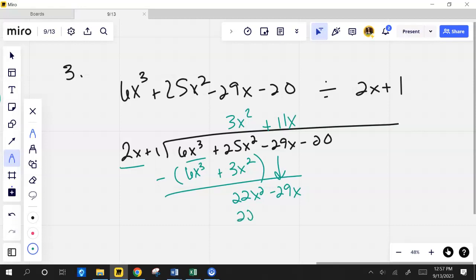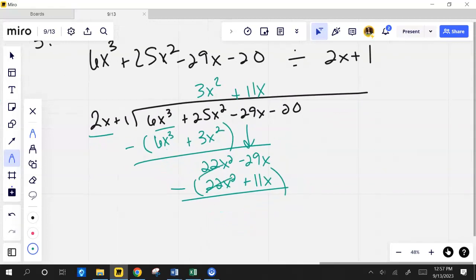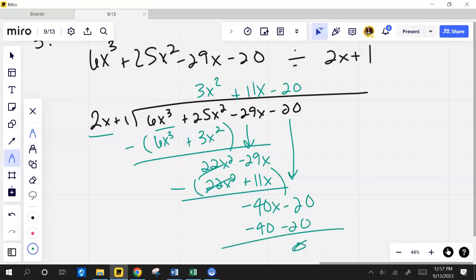Multiplied around, 22x squared plus 11x. What do you get? Now what? Minus 20. Multiplied around, negative 40. Oh, nice. As it should, because if it factors, I should get a remainder of 0, and that's kind of what we're talking about today, too.